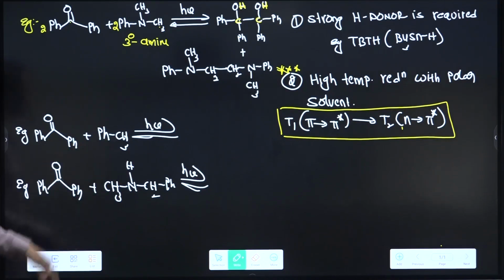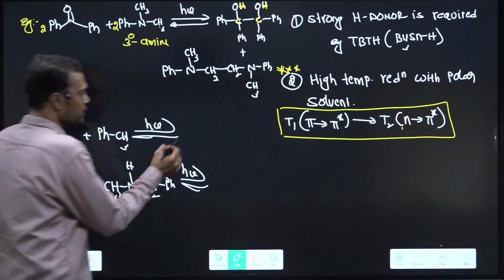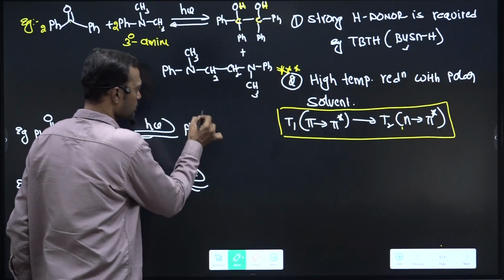Based on the donors, your answer changes. Be careful. If toluene is given, your answer remains the same.